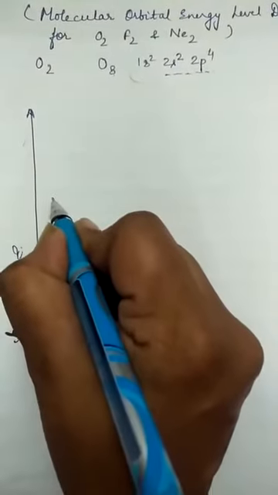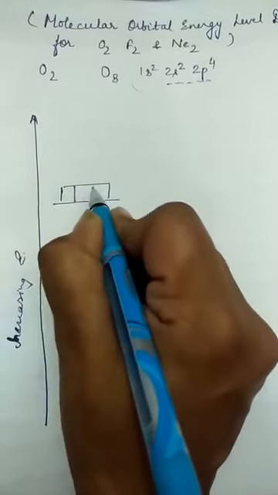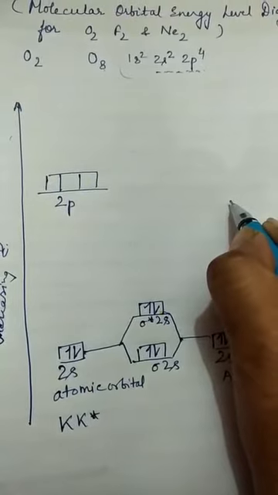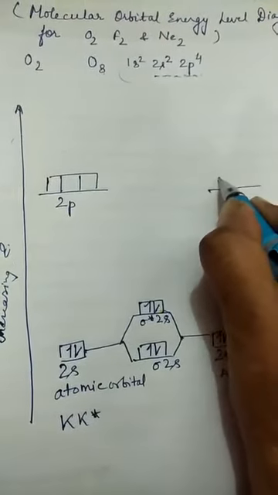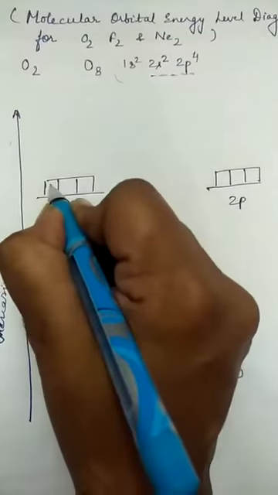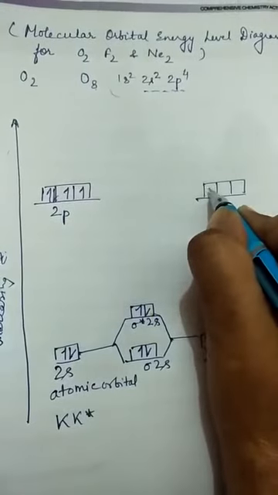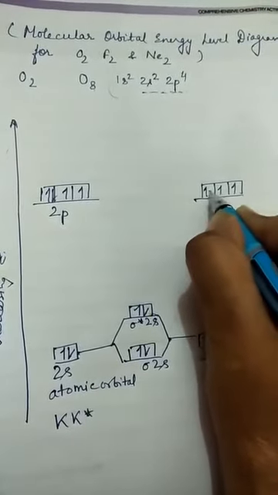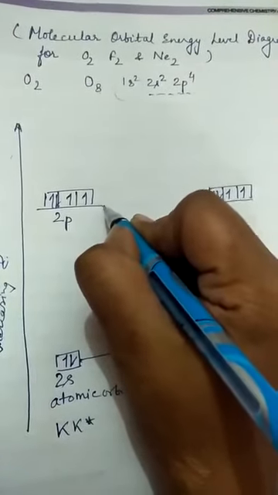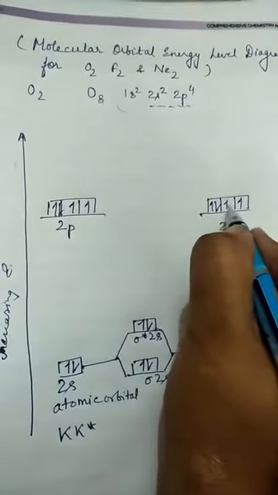Now students, we will come to 2p. This is 2p of one oxygen atom, and this is for the other oxygen atom. So we will write down here 1, 2, 3, and this is 4. Similarly 1, 2, 3 and 4. Now students, total how many orbitals are there? 3 plus 3, 6.